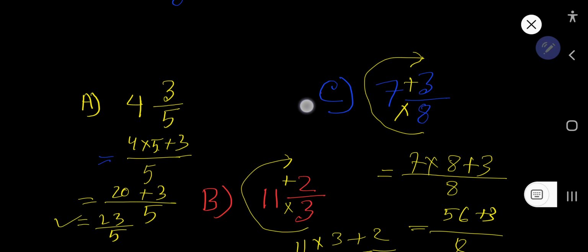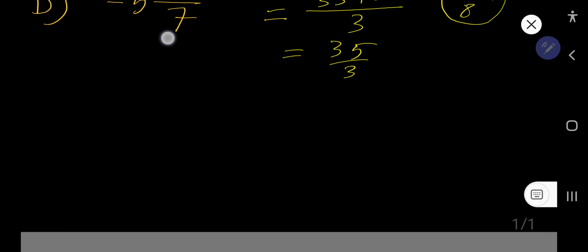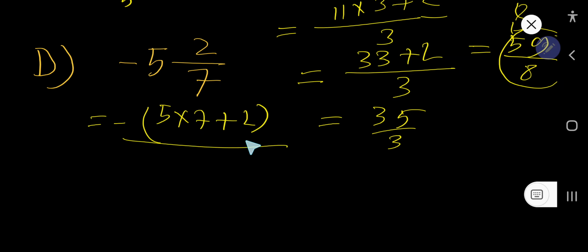Let us consider our last example, this negative mixed number actually. So the conversion system is the same. Take minus, then multiply this whole number times this denominator plus this numerator, and take 7 as the denominator.